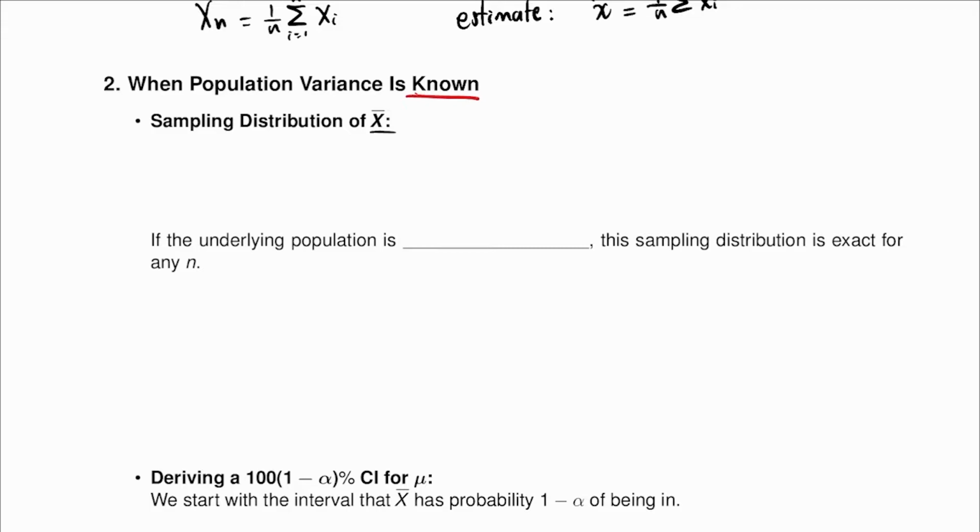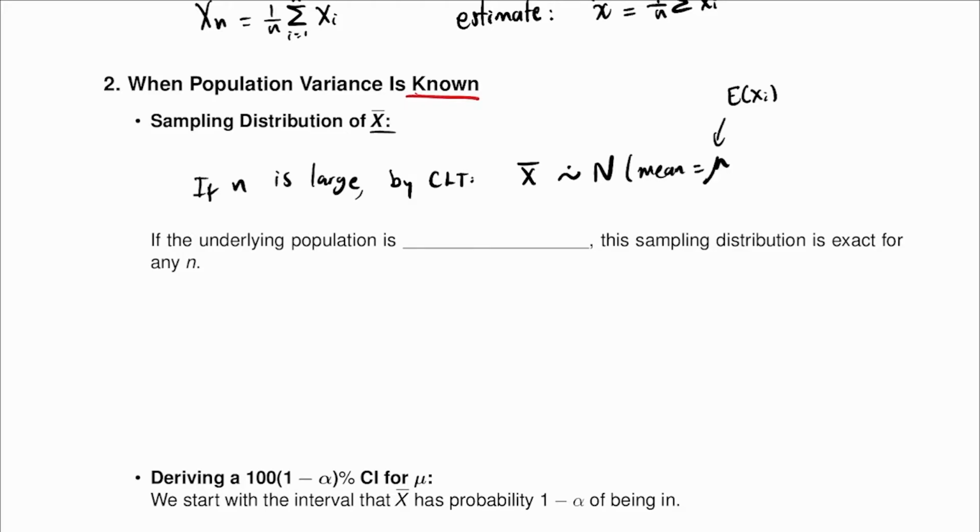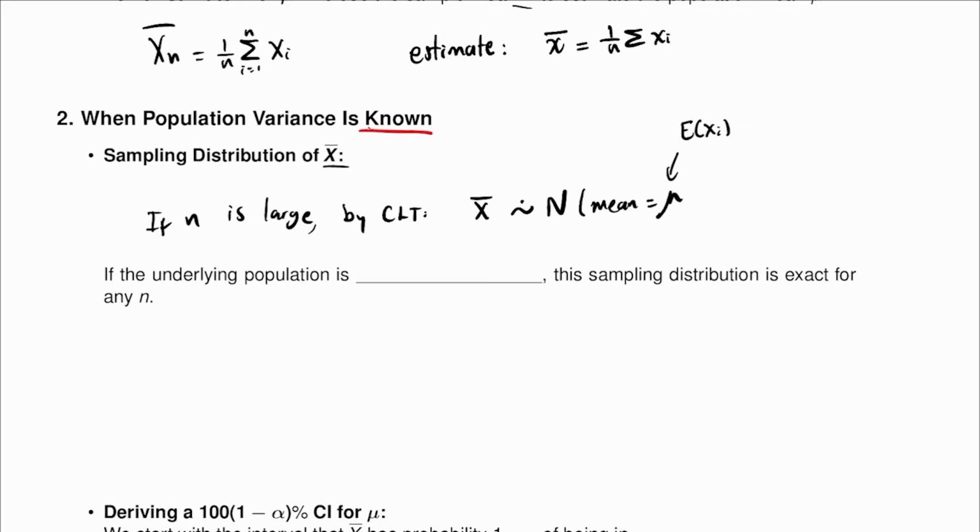So remember that we have the central limit theorem, that if n is large, by CLT, we will have that x bar is asymptotically normal. That means for a large sample size, it's normal with mean mu, that is mu is the expected value of each of the random variables in our sample, and the variance is going to be equal to sigma square over n.